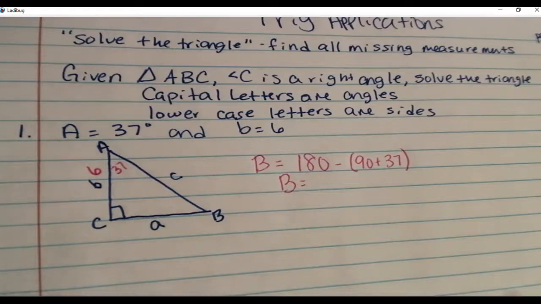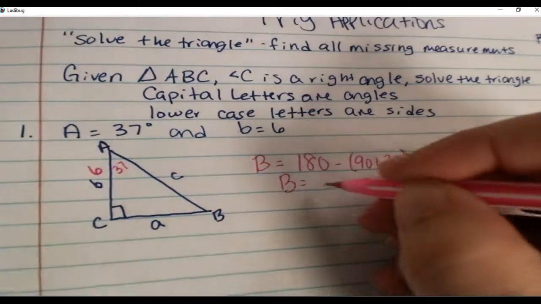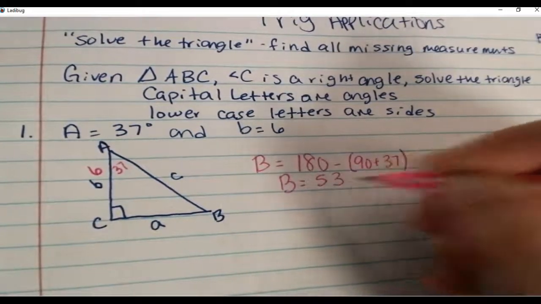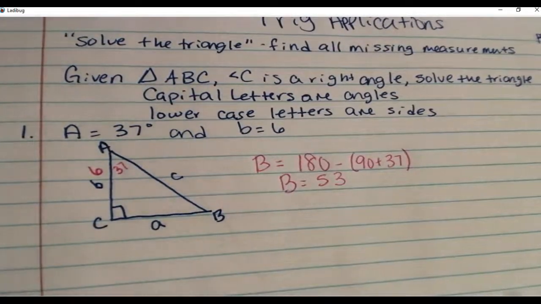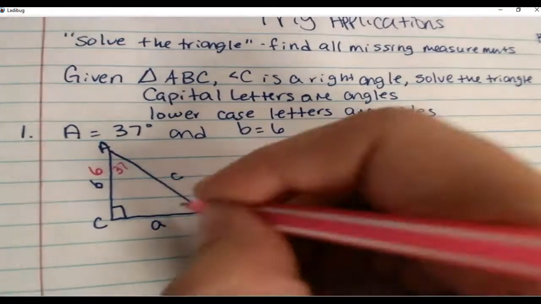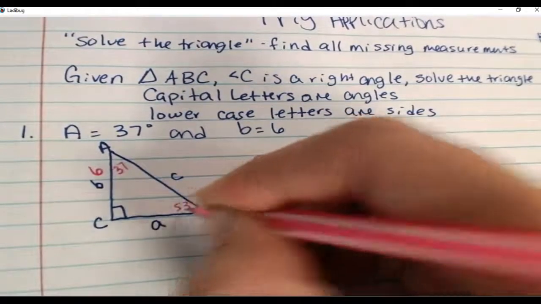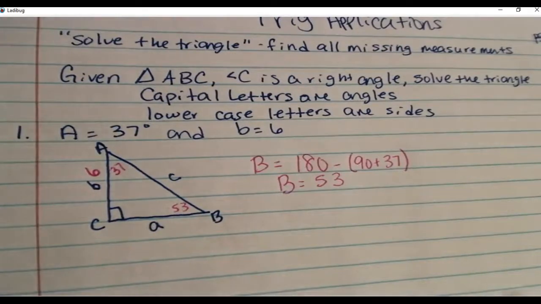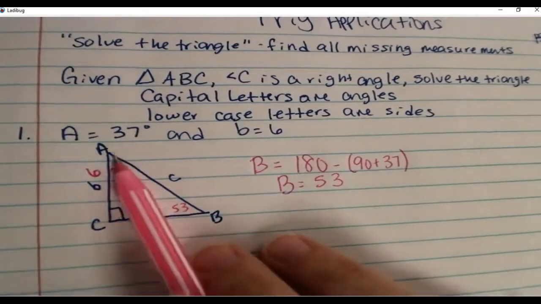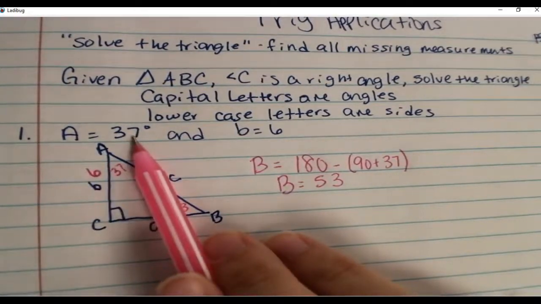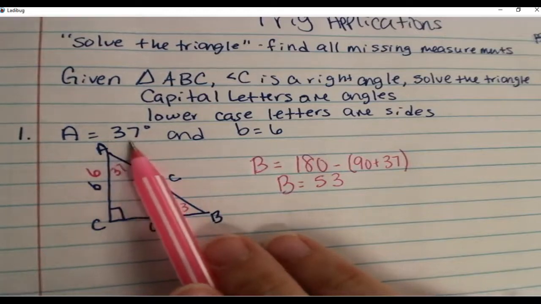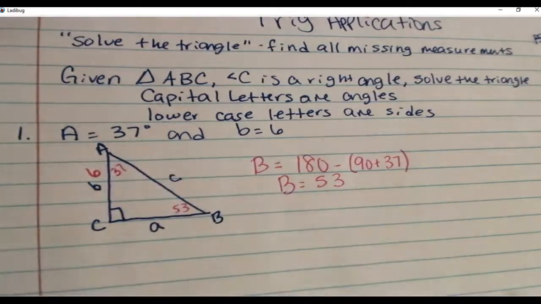So then what does B equal? You got it. It told me A was 37, and little b was 6.